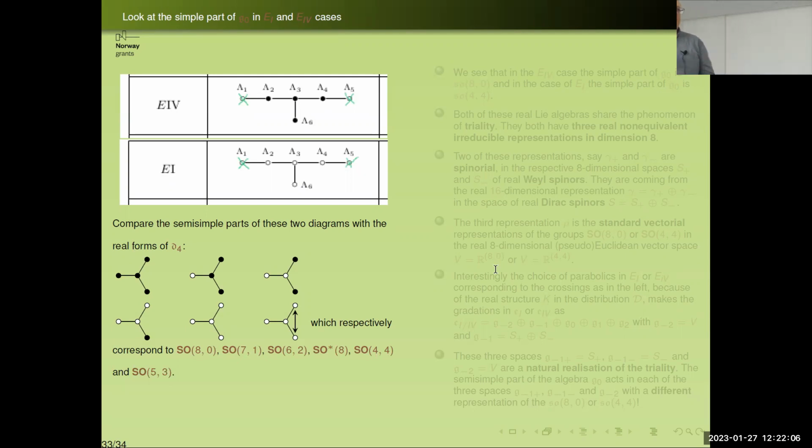So somehow we see that in this para-CR structure, we have this 16-dimensional distribution, and we have this commutator that gives the entire tangent space.